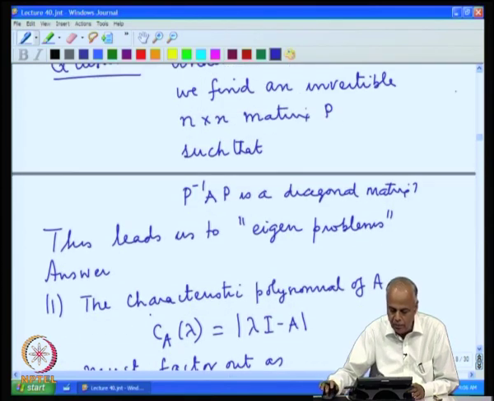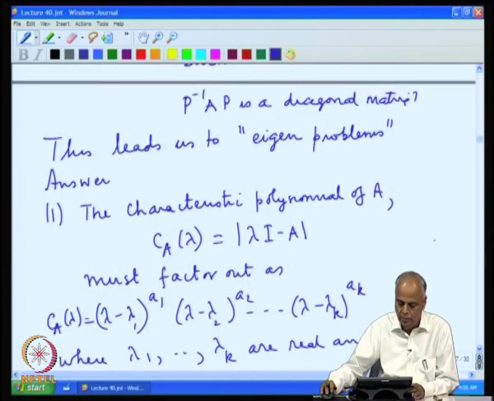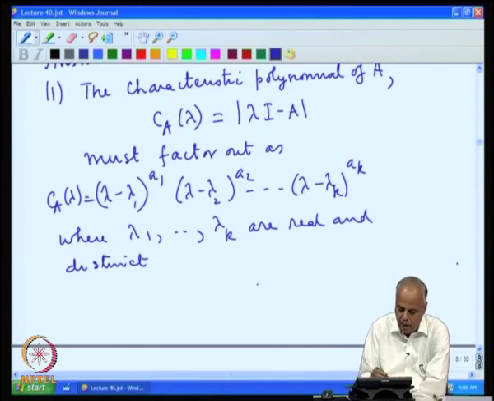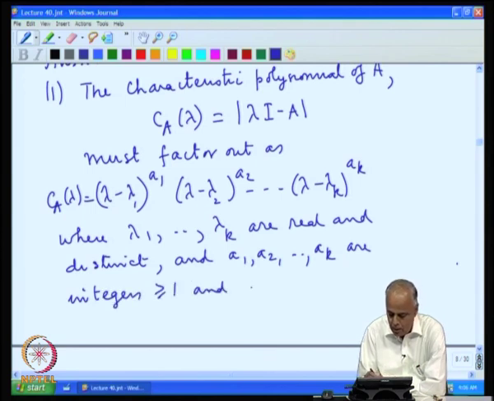Recall that we are asking for a matrix P. Since we are working with real, we always think of a real matrix P. So, lambda 1, lambda 2, up to lambda k we are seeking as real and distinct, and a 1, a 2, a k are integers greater than or equal to 1, such that a 1 plus a 2 plus a k equal to n.